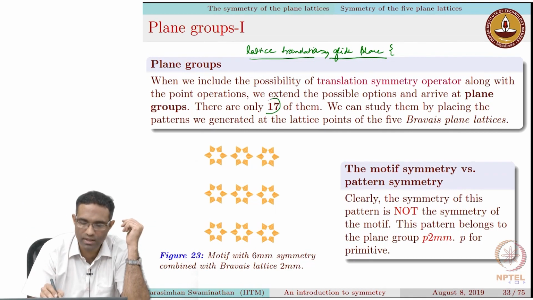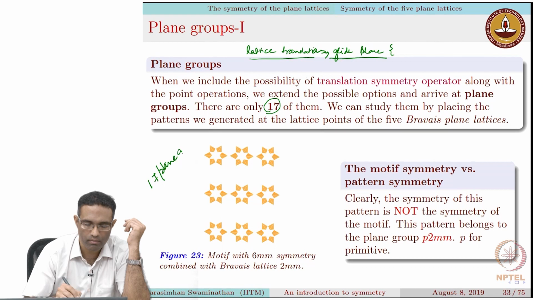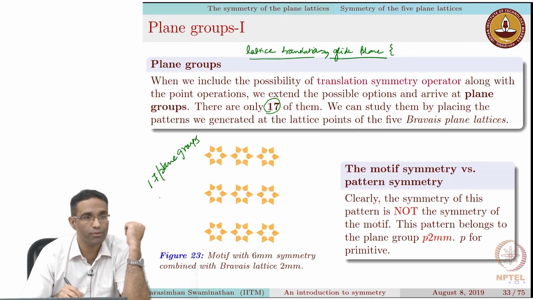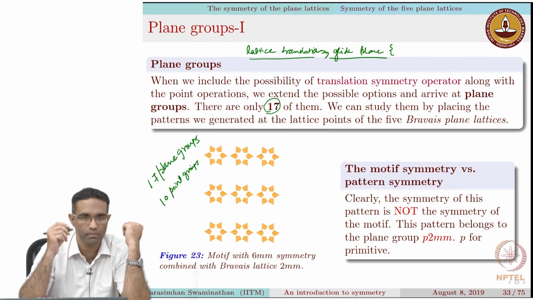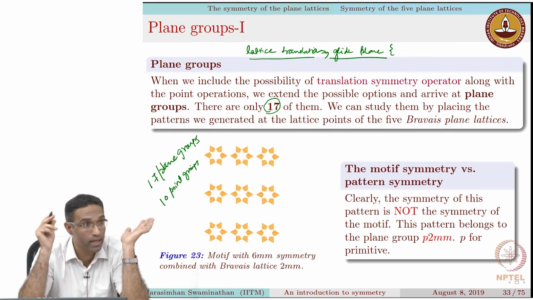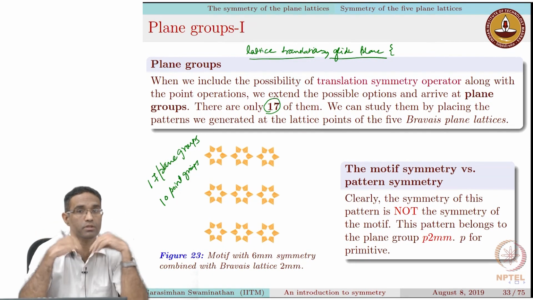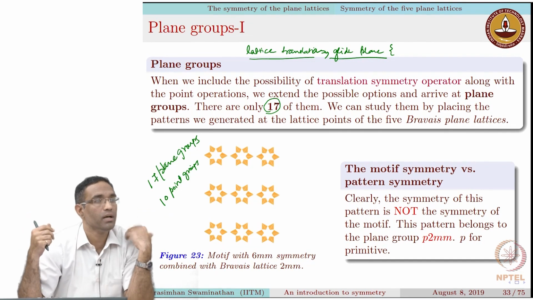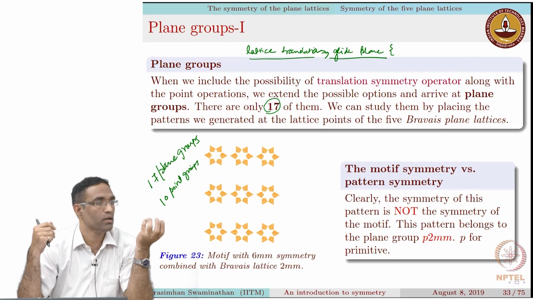Therefore, we say that there are 17 plane groups. How many point groups were there? No, 5 Bravais lattices, 10 point groups in 2D. In 2D there are only 10 different point groups, which are basically generated by these mirrors and rotations.